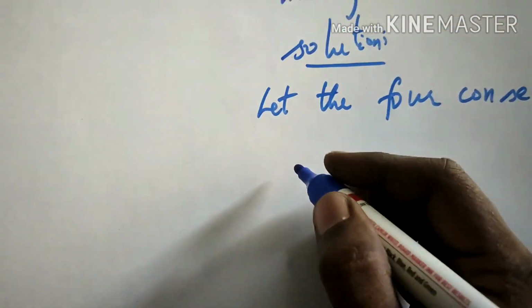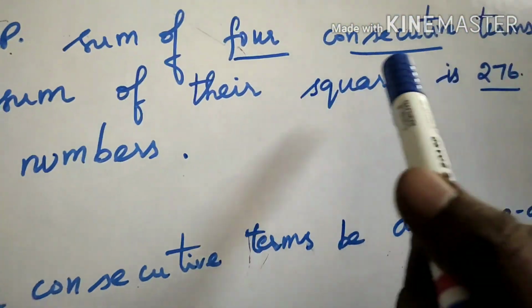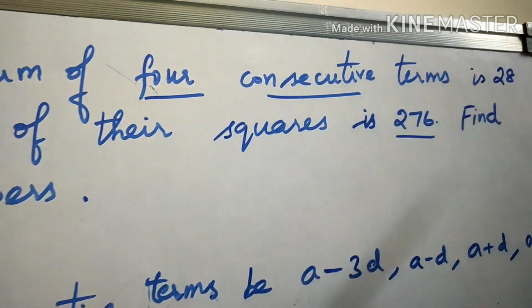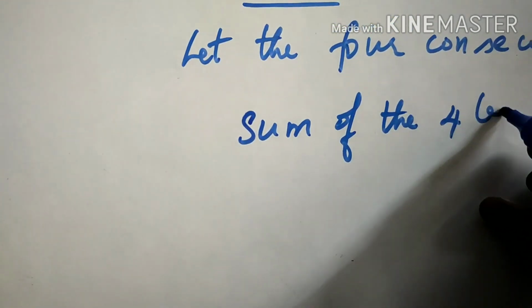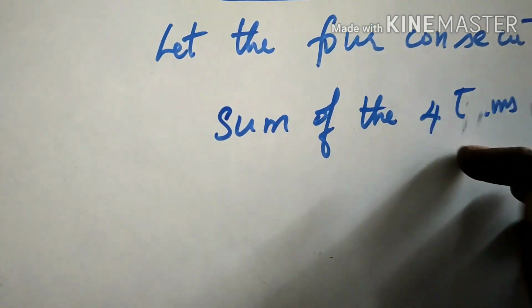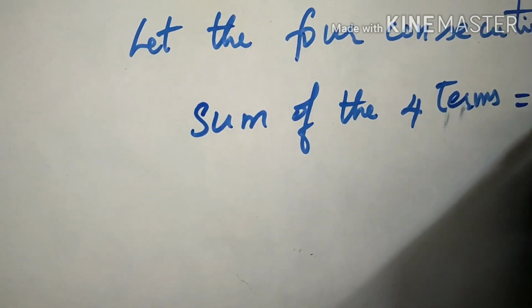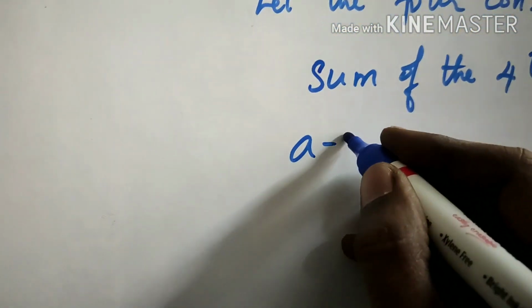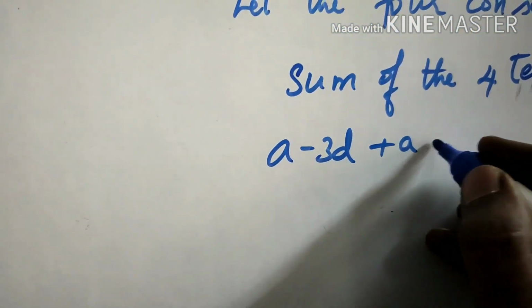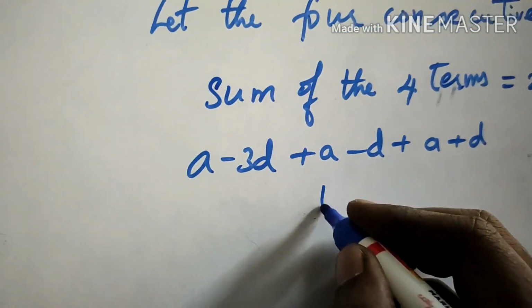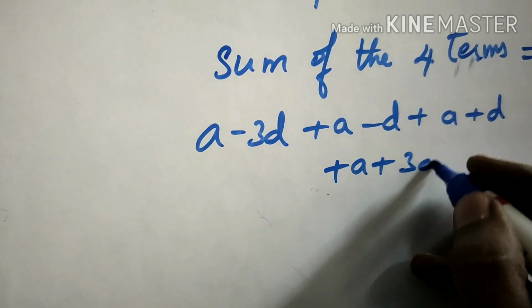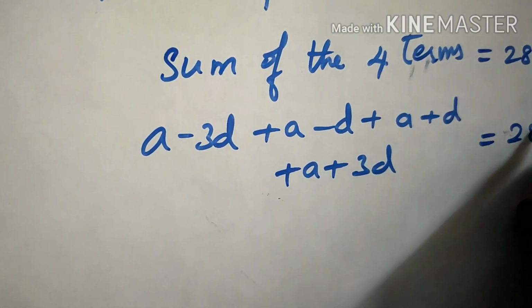The same. What is the first condition given? Sum of the 4 consecutive terms is 28. So, sum of the 4 terms equal to 28. Just add a minus 3d plus a minus d plus a plus d plus a plus 3d equal to 28.